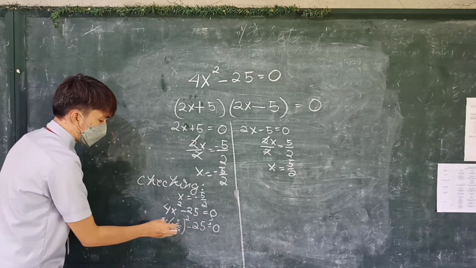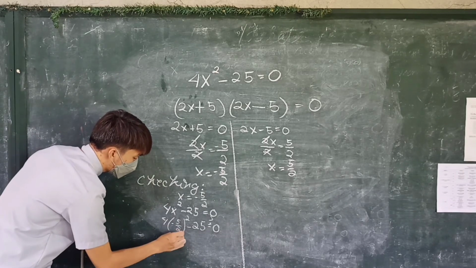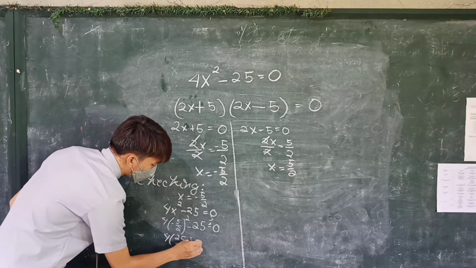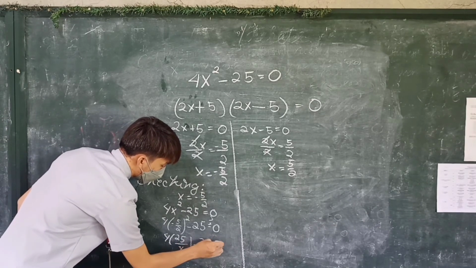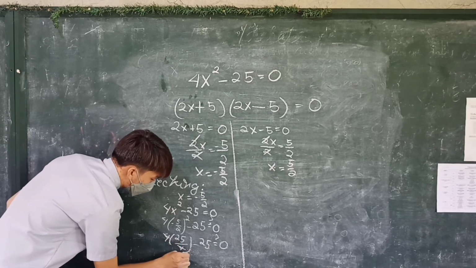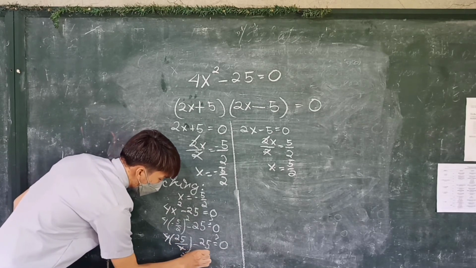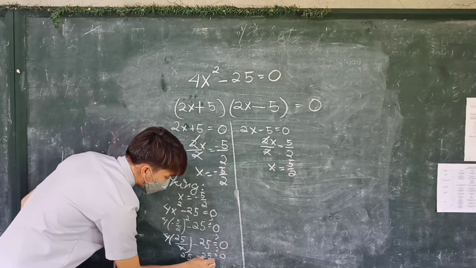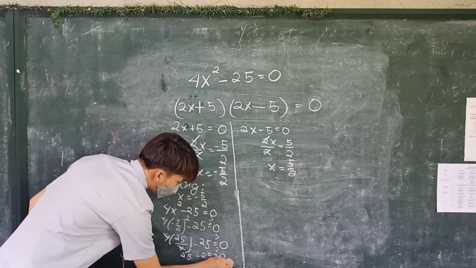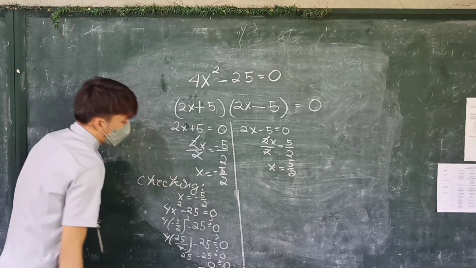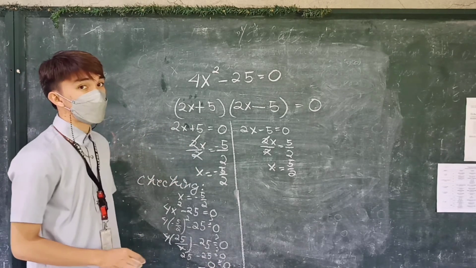Negative 5 over 2 times negative 5 over 2 equals positive 25 over 4. Cancel 4. 25 minus 25 equals 0. 25 minus 25 is 0. So it's true. Negative 5 over 2 satisfies the equation.